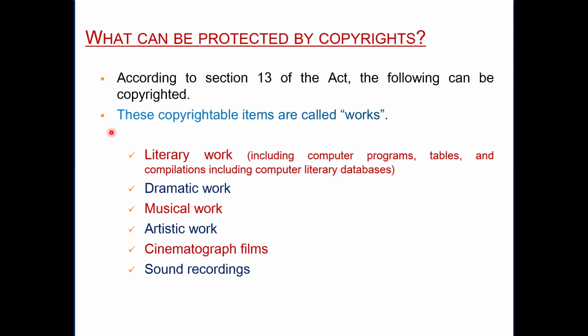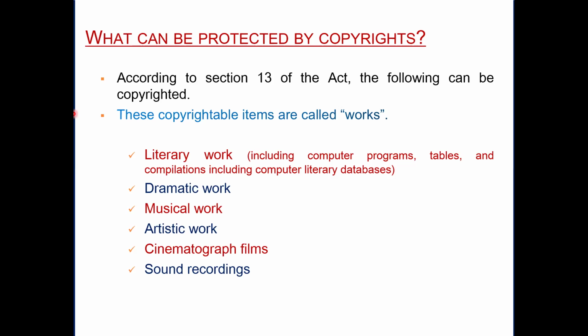I am not sharing all those lists with you because time is limited. You can just go to the website copyright.gov.in and get this Act. It is not a very bulky Act, I think it is a 75 page Act, and that will give you every sort of idea on copyright.